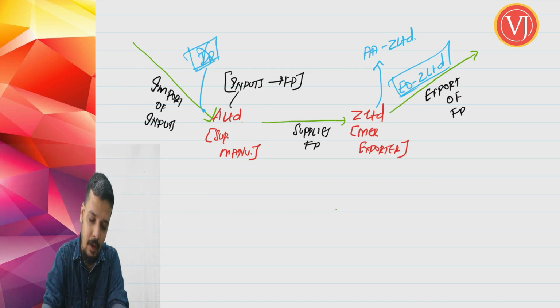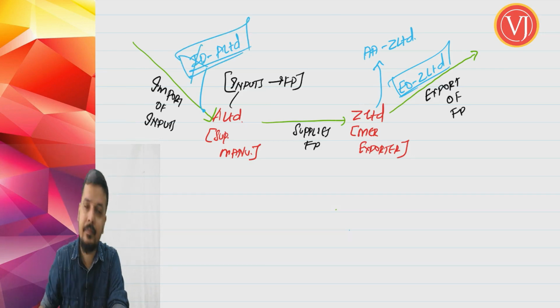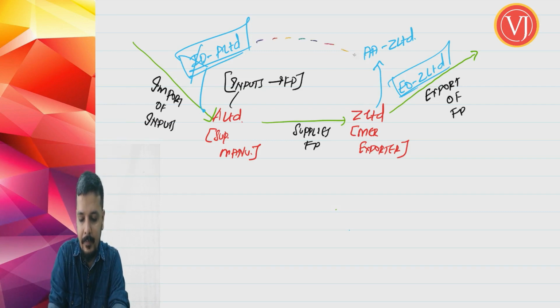So import duty will not be paid for the import of inputs done by A Limited, right? Because of what? Because of the advance authorization taken by Z Limited.